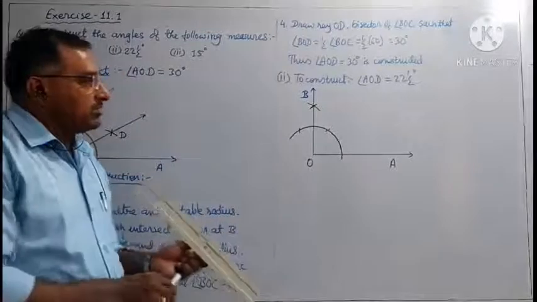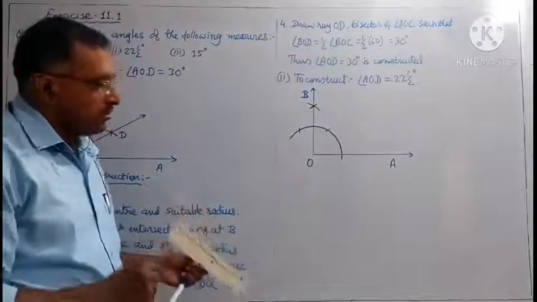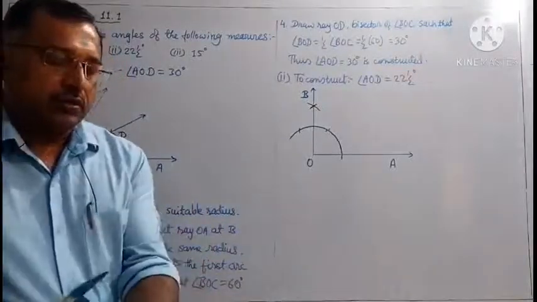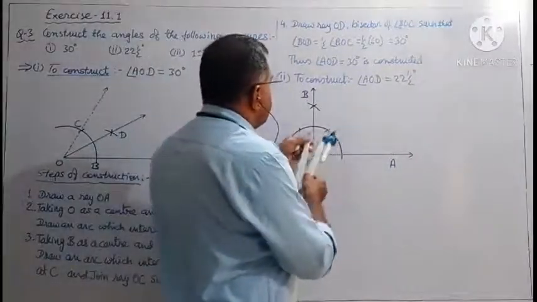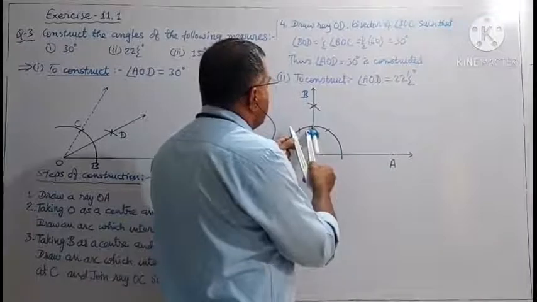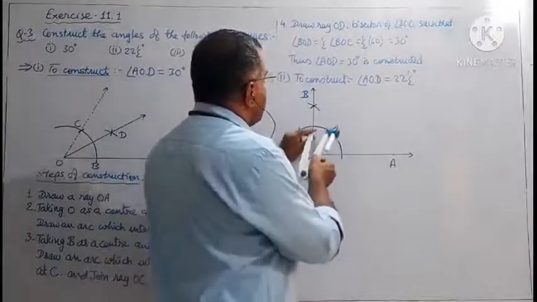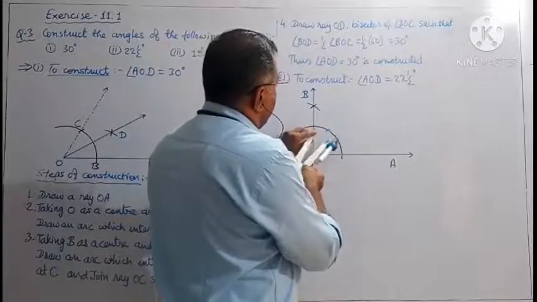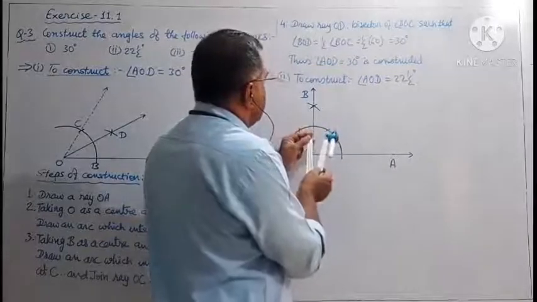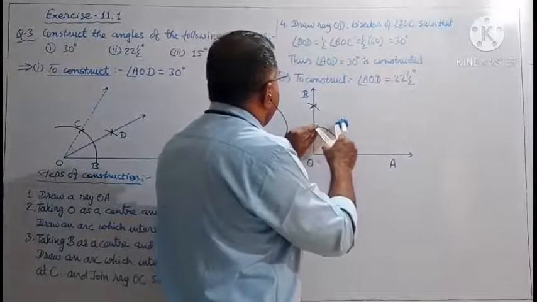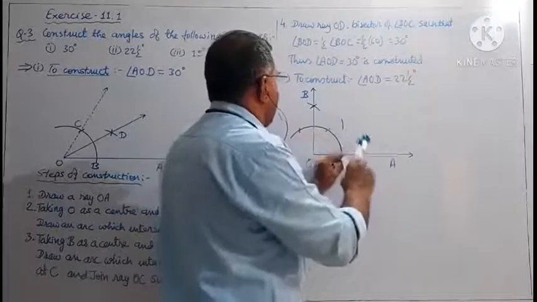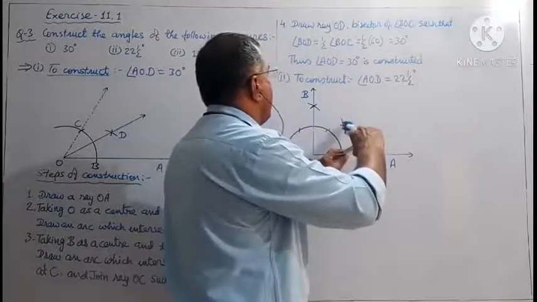Now draw the bisector, or draw ray OC, bisector of angle AOB. So for this bisector, we can take these points on this rays as a center and the radius more than half of the distance between them, will get the bisector of 90 degree, and that will be 45 degree.